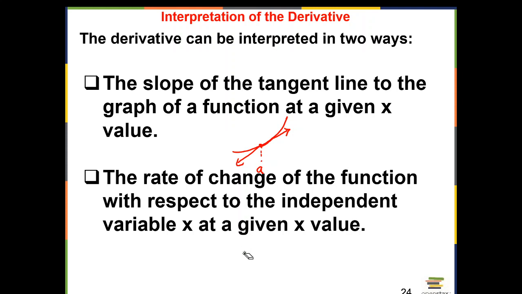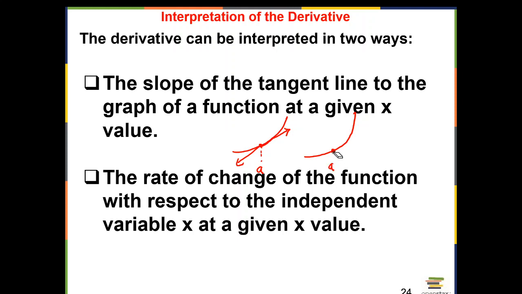Another interpretation is the rate of change of the function with respect to the independent variable x at a given x value. For example, let's say this function is increasing. So how fast is the function increasing at that point?